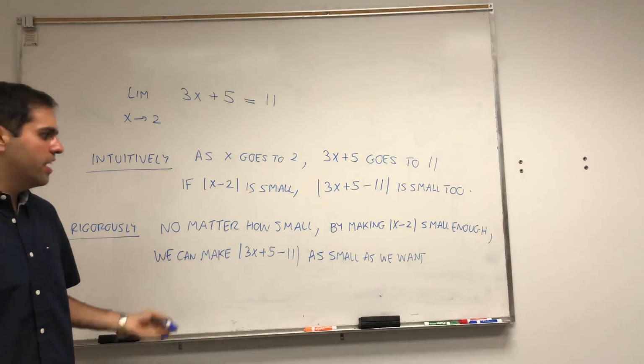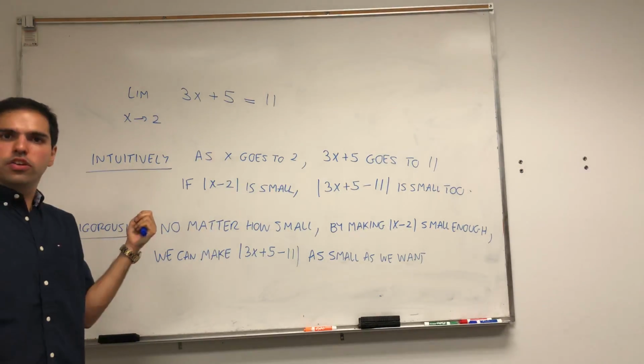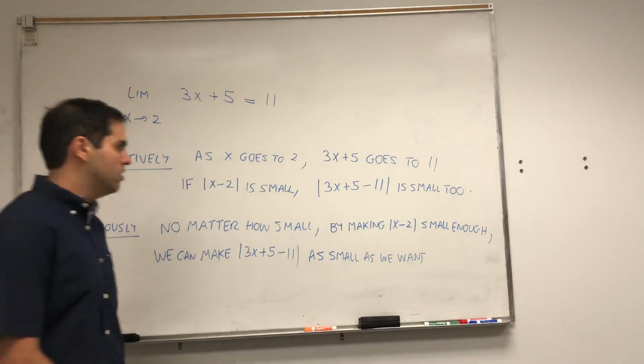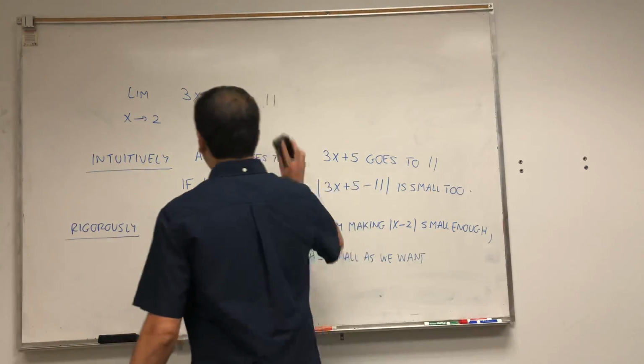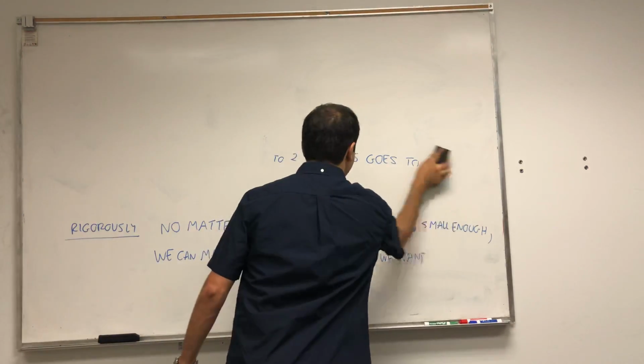So if your friend says, hey, make it 1 milliliter small, you can do it. Make it 1 nanoliter small, you can also do it, no matter how small. And now, let me tell you the rigorous math definition.